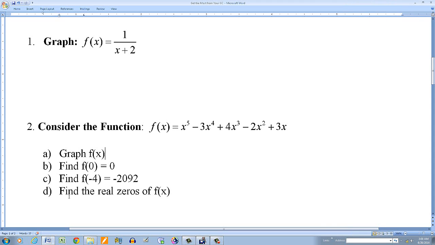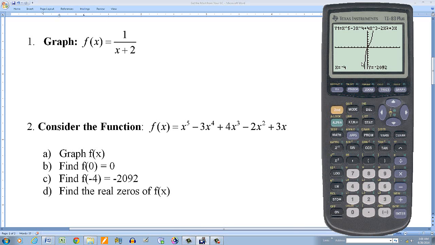Now the last one says find the real zeros of f of x. It says real zeros because the function can have imaginary zeros. Okay, so if you look at the graph, the zeros basically correspond to your x-intercepts.